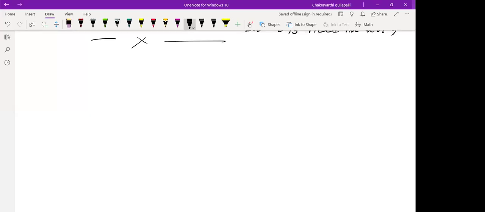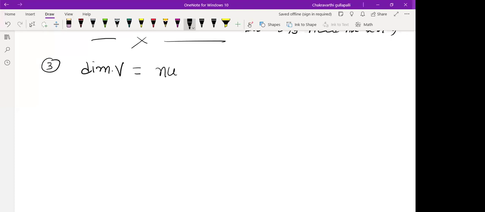Okay. Next, we have a concept now: how to find dimension using the third method. The third method is a standard formula. Dimension of V is equal to the number of free variables.